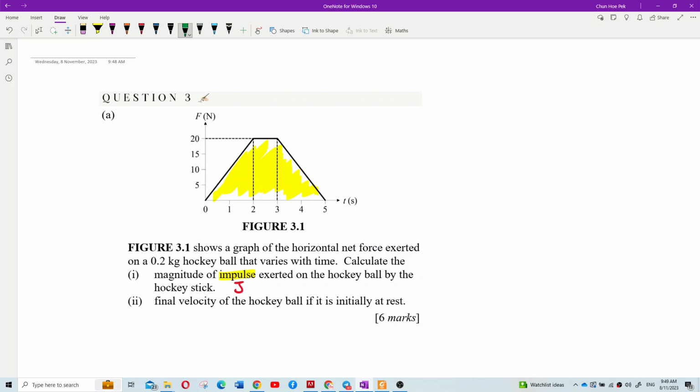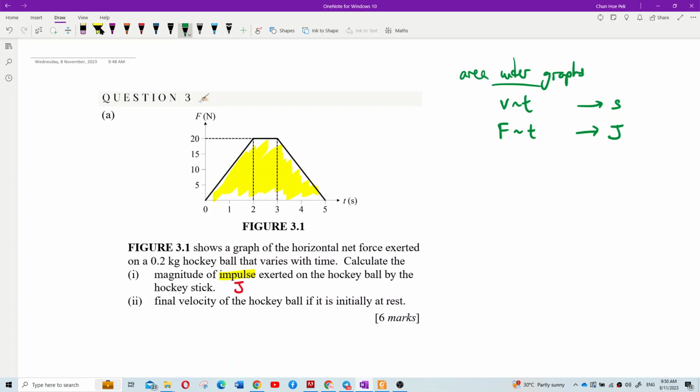Remember you learned about several graphs, or the area under the graph. Let's do some revision. Area under graph of velocity time is displacement. Area of force time graph is impulse.